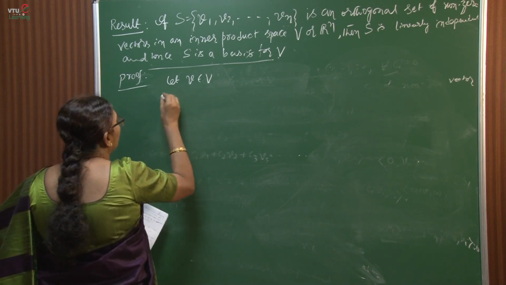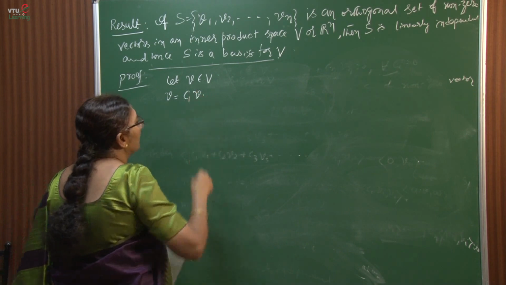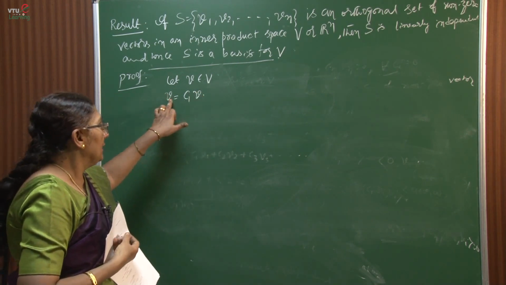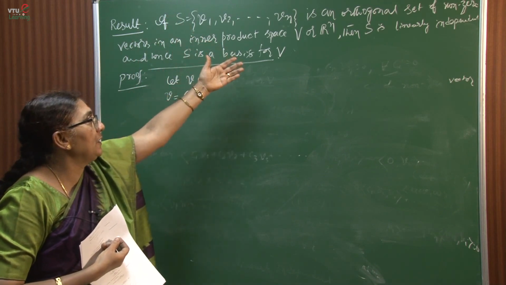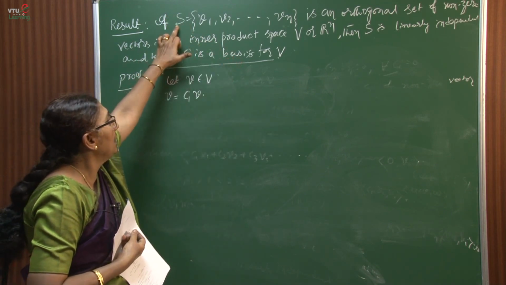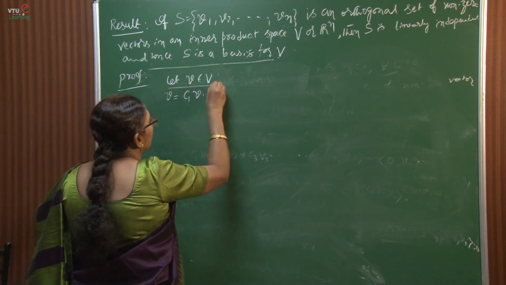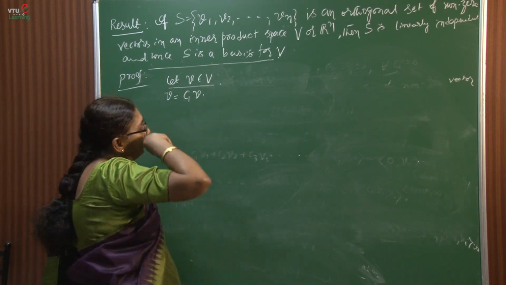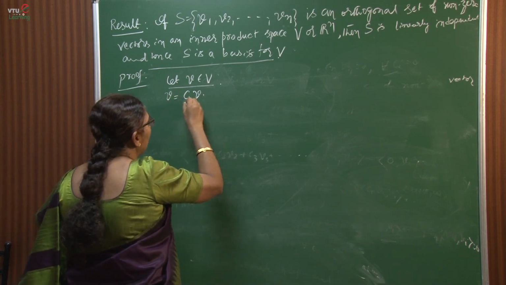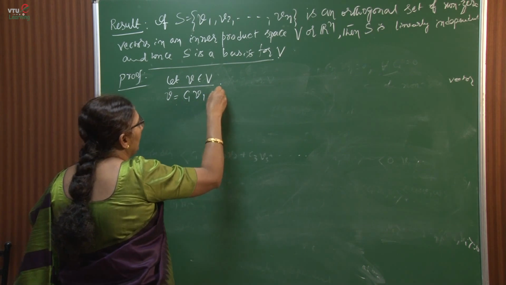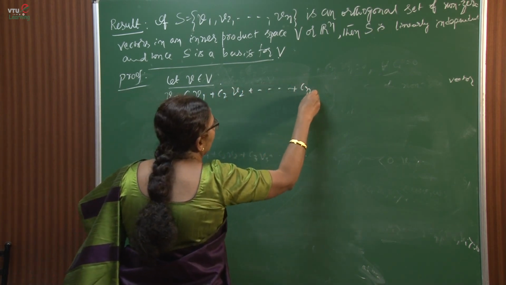Let v belong to capital V. I want to show that this v can be written as a linear combination of the vectors v1, v2, v3 and so on, and then we say that S spans V. Now I choose one vector v in V and assume it is written as v equals c1 v1 plus c2 v2 and so on up to cn vn.